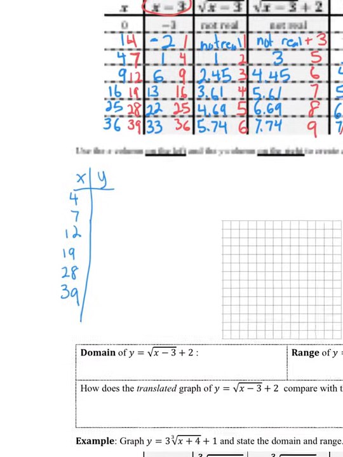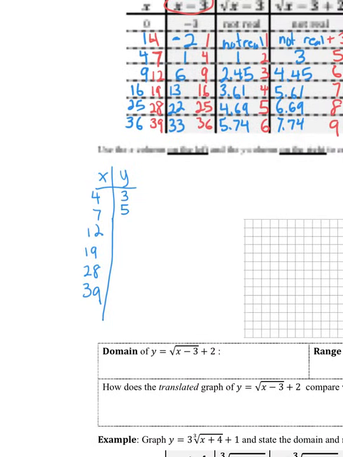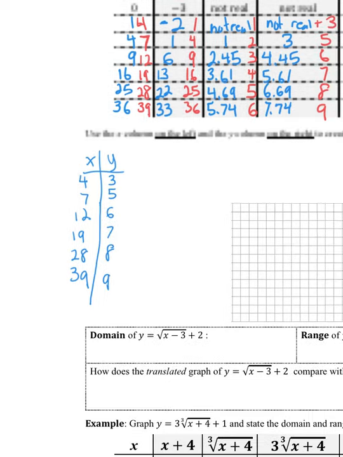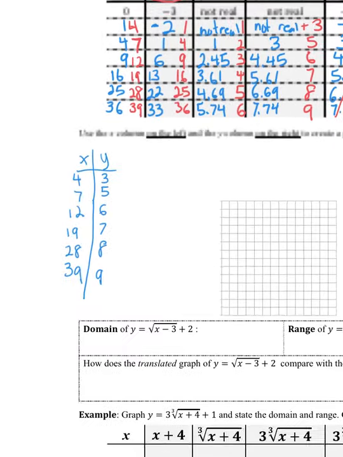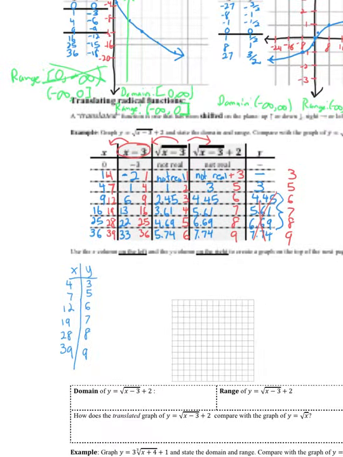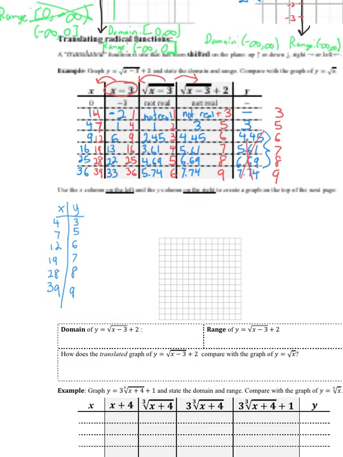And then we end up with 3, 5, 6, 7, 8, 9. That's where the y values would come from. So I'm just rewriting that exact same table that I had above, but I'm eliminating the middle rows now. I'm just writing what's on the far left and what's on the far right. And we get nice integer values in both cases.